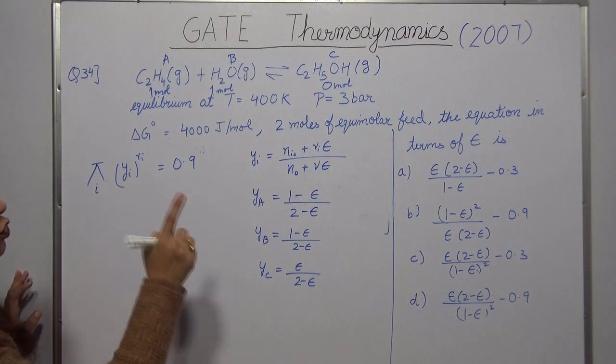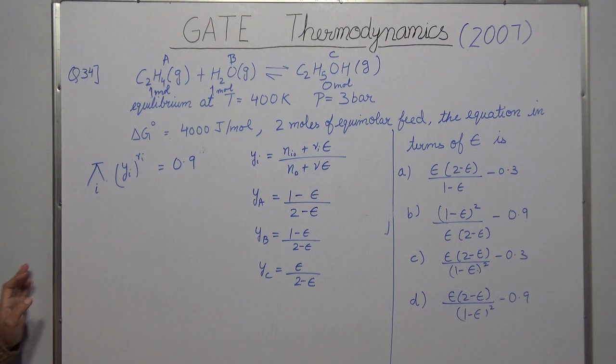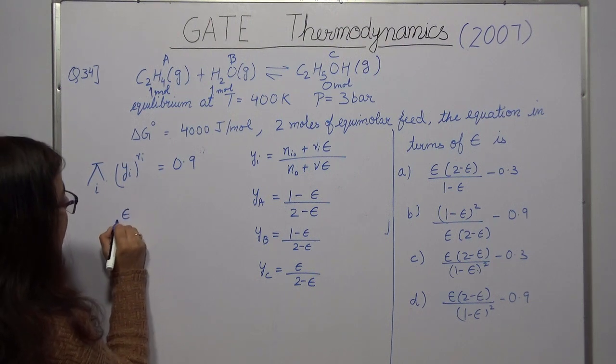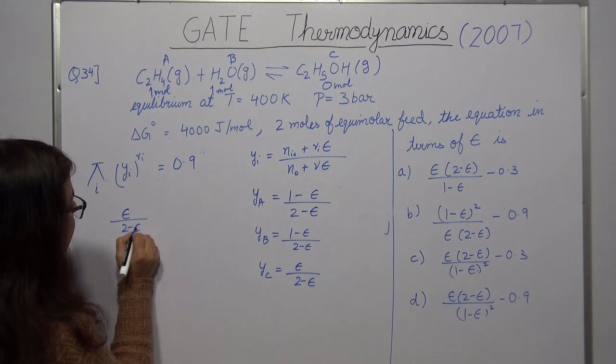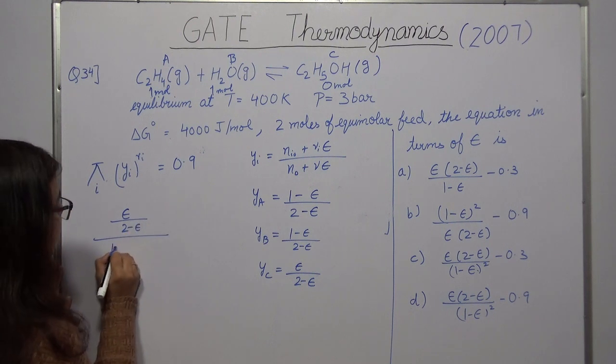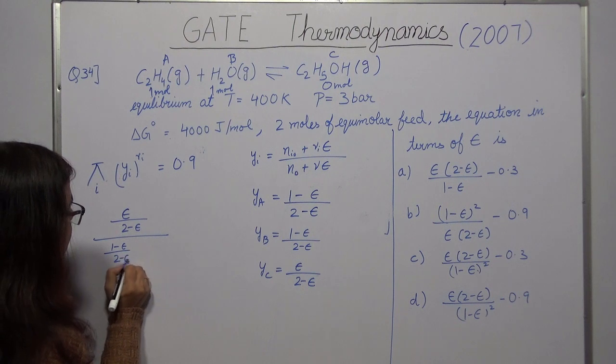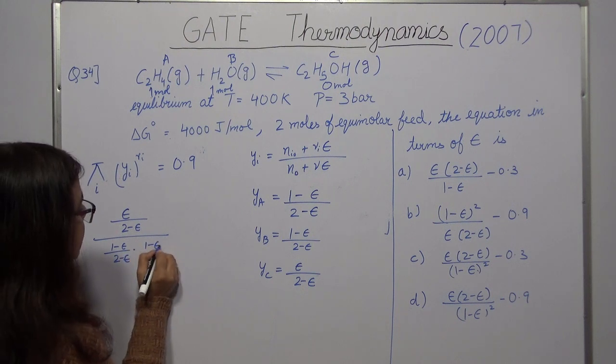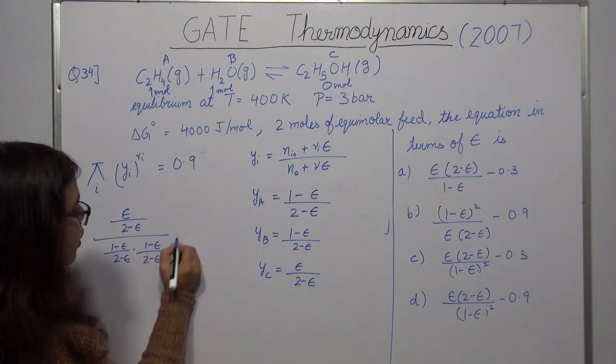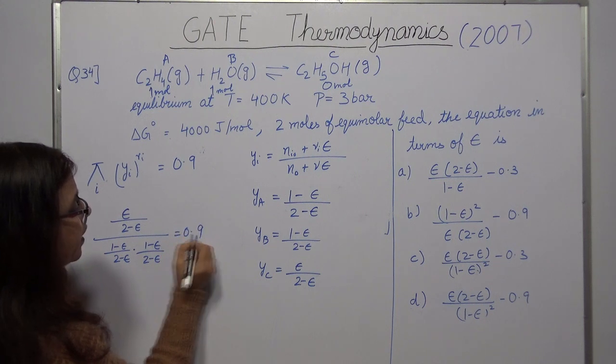Fine. So for the product, Yc will be raised to 1, and Ya and Yb will be raised to -1. So they will appear in the denominator. So I can write straight away epsilon upon 2 minus epsilon, divided by 1 minus epsilon upon 2 minus epsilon multiplied with 1 minus epsilon upon 2 minus epsilon, and that is equal to 0.9.